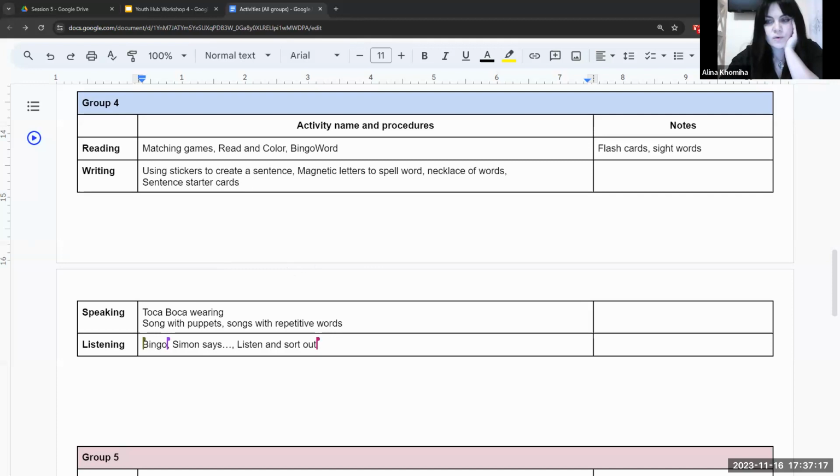So I decided to prepare bingo worksheets for them. There's a bingo board for each student, and there's a group of cards with the words, and children one by one take a card from the group and try to find the word on their boards if they have it. So they put the card on it and then they complete a line. And then they say bingo.